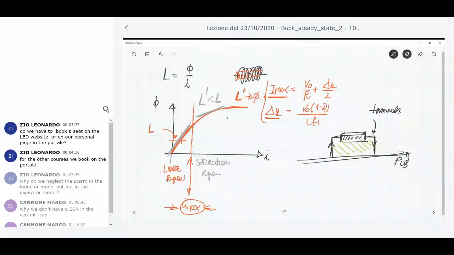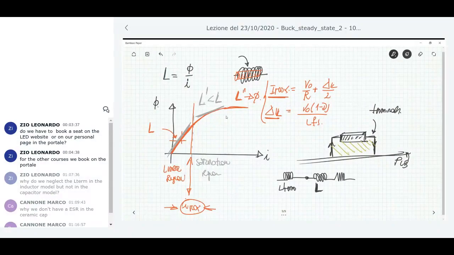So if you want a model a little closer to reality, you have the nominal inductance L. Then you have some inductance here due to the terminations, for these reasons. Then you have conductors wound around the ferromagnetic core, and these bring with them some resistance, which we can call RL.